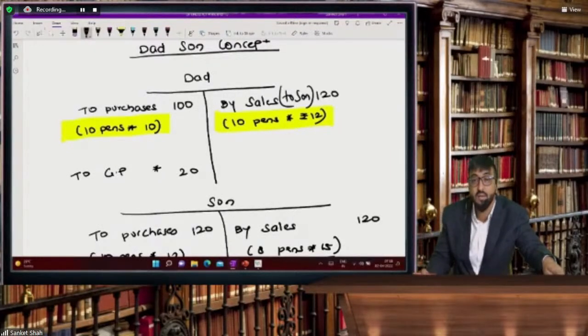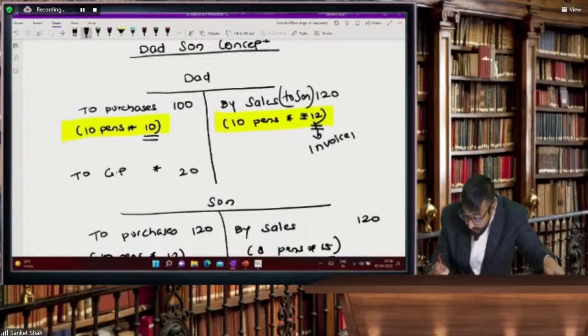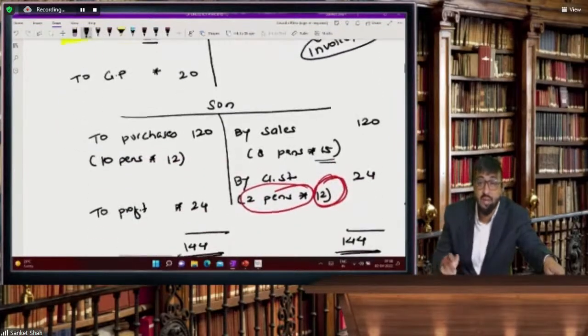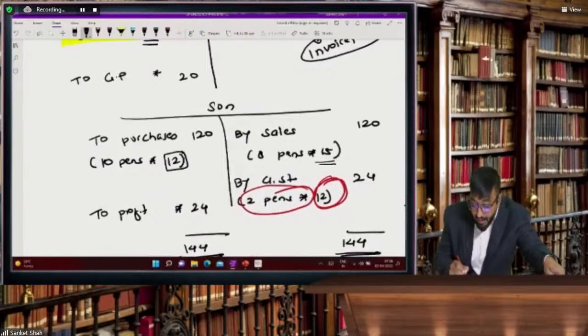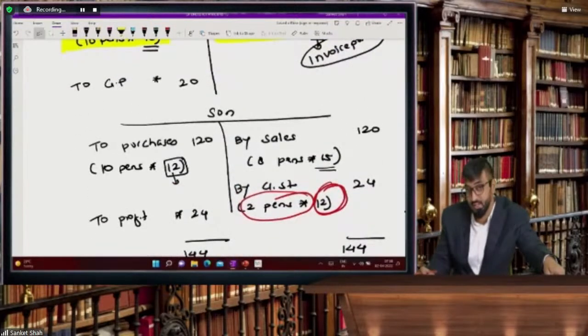So dad's sales. Dad is not selling at cost. He is selling at invoice price. This is called invoice price. Now son is getting this pen at rupees 12, so he buys it at 12 rupees. So dad's sale will be son's purchase.